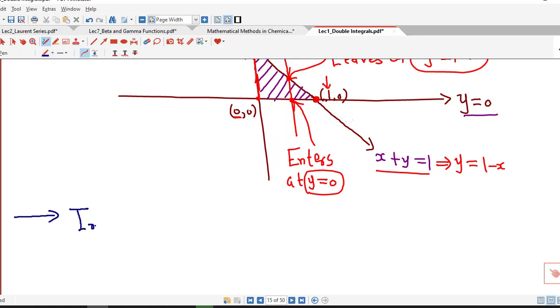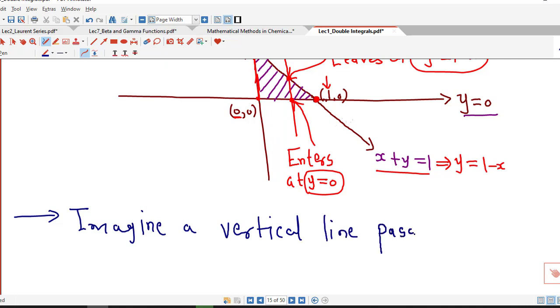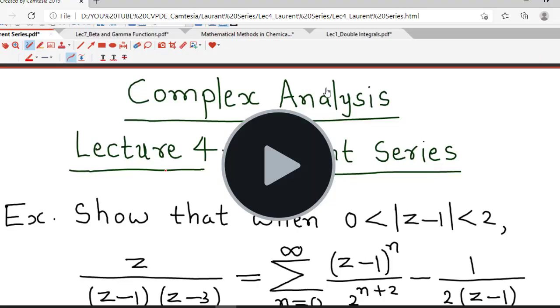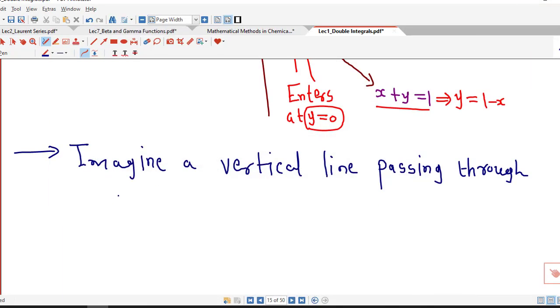In the next step we have sketched the region of integration, and after that we imagine a vertical line passing through the region, suppose this region is denoted by region R, passing through region R as shown in figure.